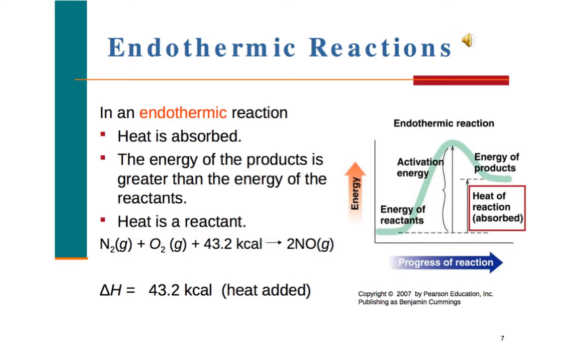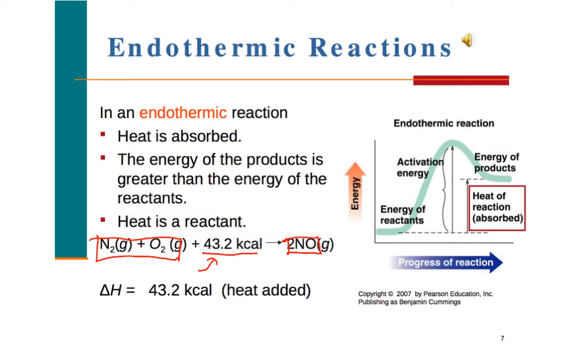What we're saying is the bonds of this molecule have more energy than the bonds of these molecules. And in order for this reaction to occur, 43.2 kilocalories of energy have to be added from someplace.